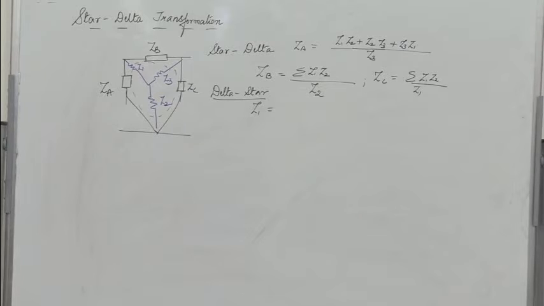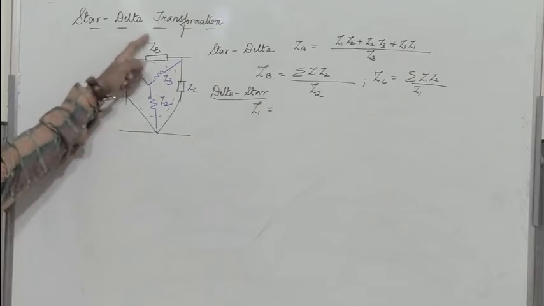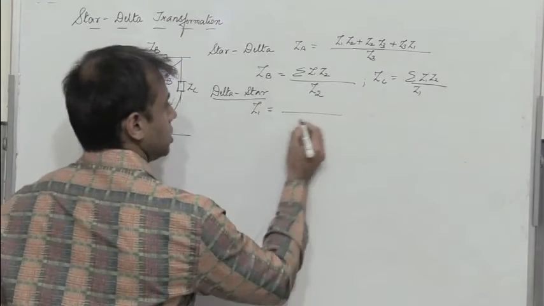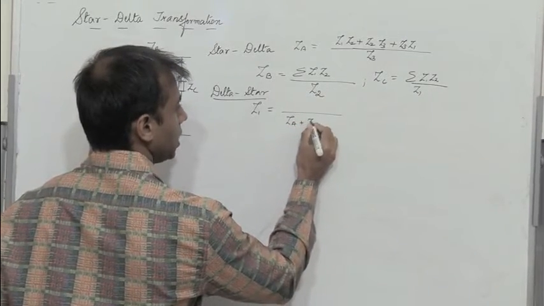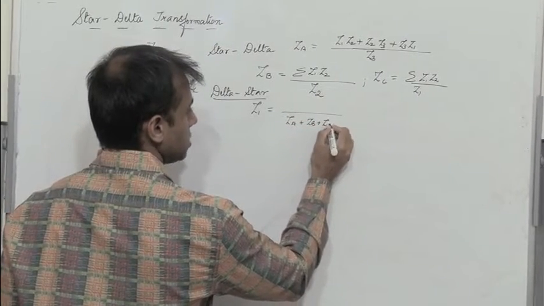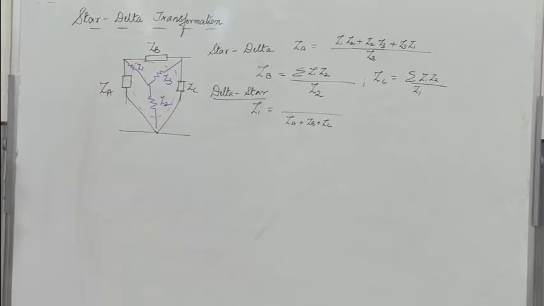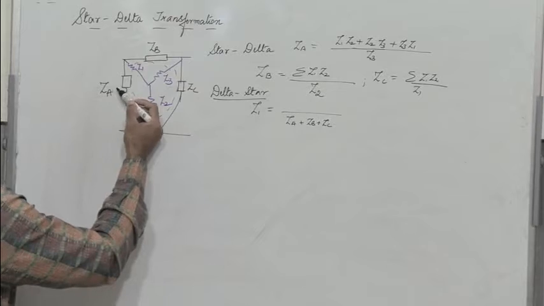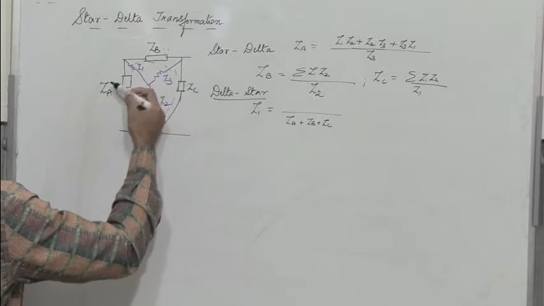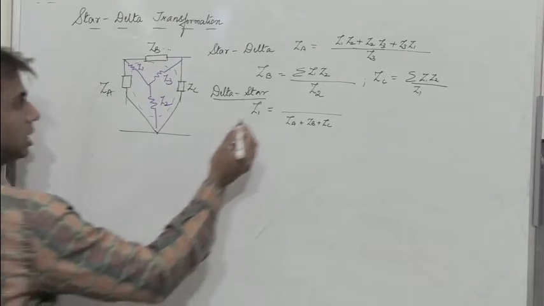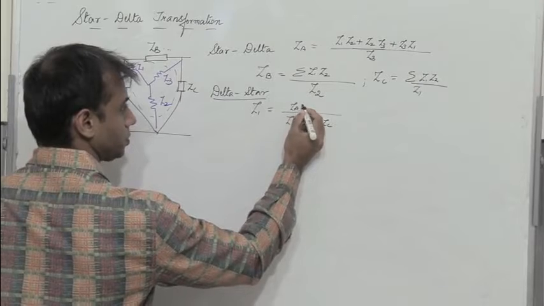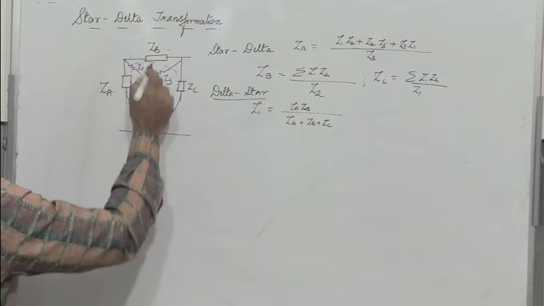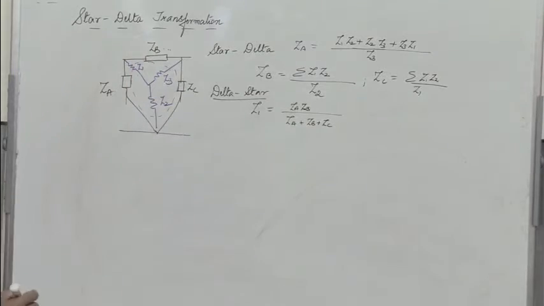The denominator is the sum of all the impedances present in the delta network, which is ZA plus ZB plus ZC. Now what about the numerator? I need to find Z1. So on either side of Z1 I have ZA and ZB. Multiply those two. So Z1 is ZA into ZB divided by the sum of these three resistances.